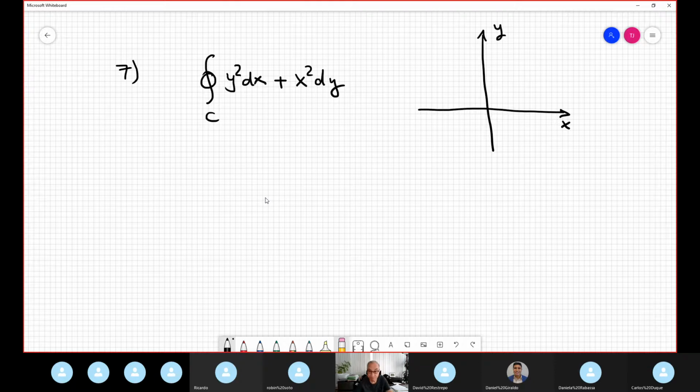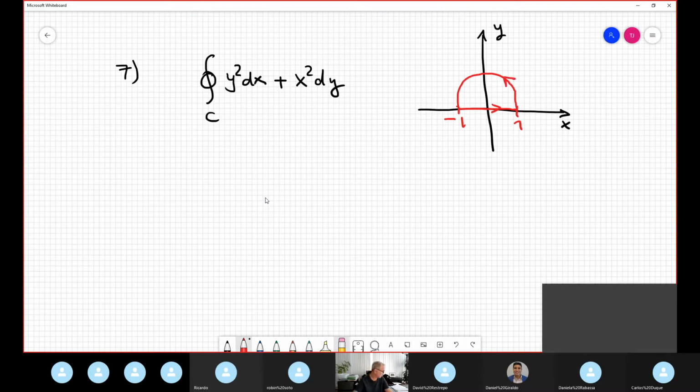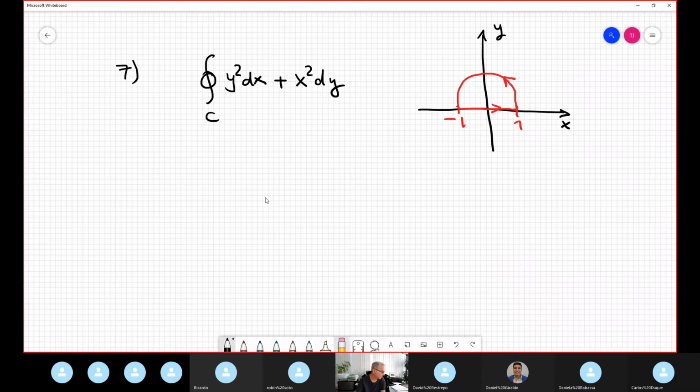It goes from -1 to +1 in this direction, and also it's a semicircle in this direction, a semicircle with radius 1. Half upper unit circle. This is straightforward, yes, for you. Okay, super. But in this case, they want it done by Green's theorem, because I want to review Green's theorem.